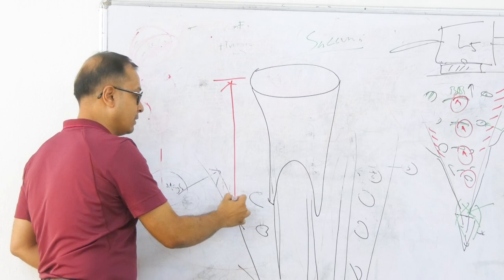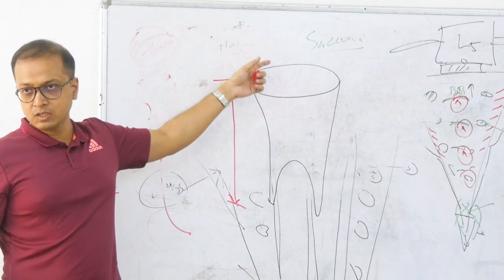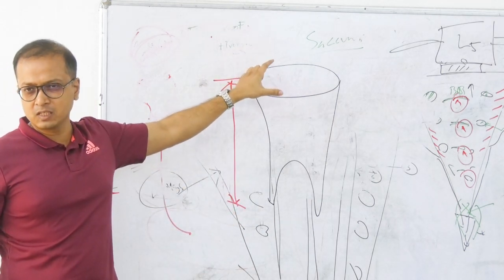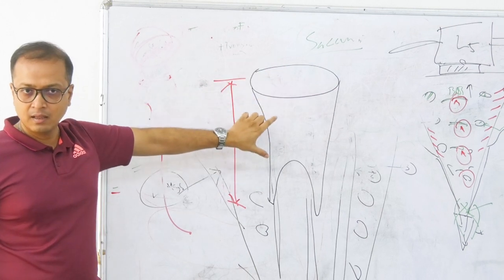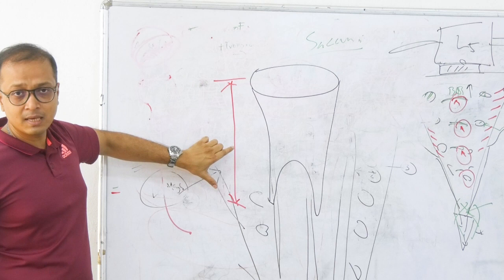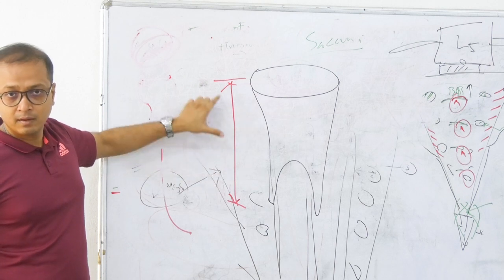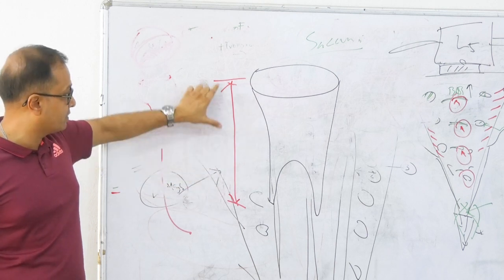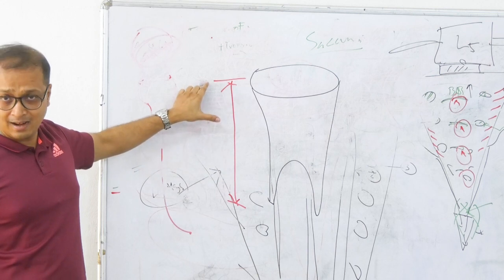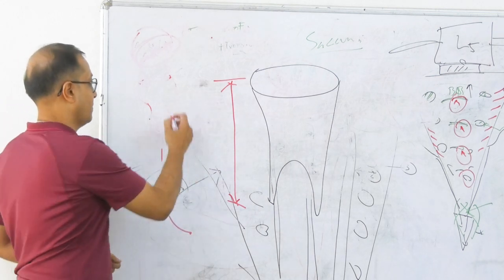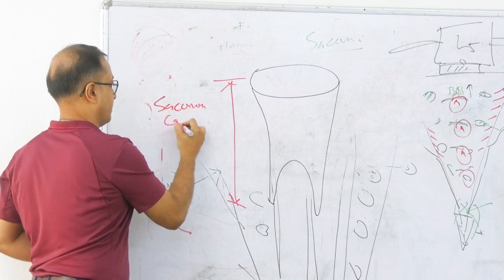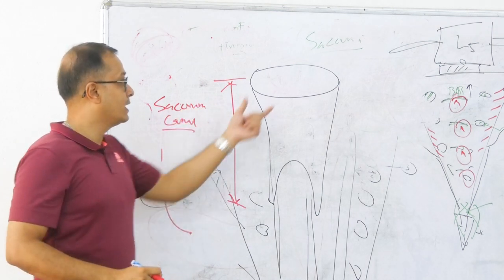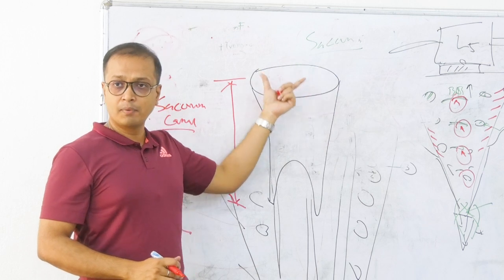So this entire length between the fused bodies, spinous process, lamina, and pedicle, whichever is present in here, we have this entire length. It is a canal. We call it the sacral canal. Now it has an opening, which is the upper opening.